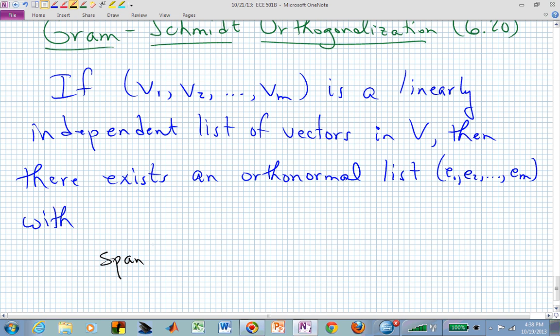Where the span of vector v1, v2 up to, let's say, v sub j minus 1. Well, let's not do that. I'm getting ahead of myself and already trying to get into the proof. Let's just say the span of v1 up to v sub j is the same as the span produced by the orthonormal list of vectors up to e sub j.